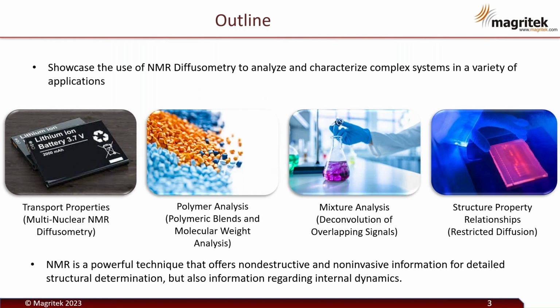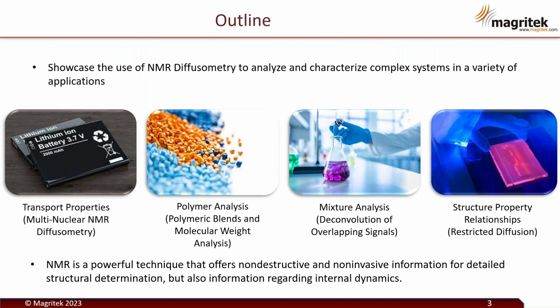These applications include transport properties for battery electrolytes, for example, utilizing multinuclear NMR diffusometry. We have polymer analysis that studies polymer blends and molecular weight analysis. We're going to look into some mixture analysis, using NMR diffusometry as a deconvolution tool to deconvolute overlapping signals.